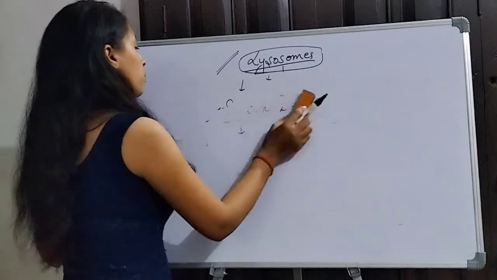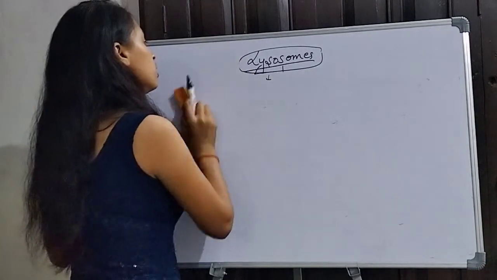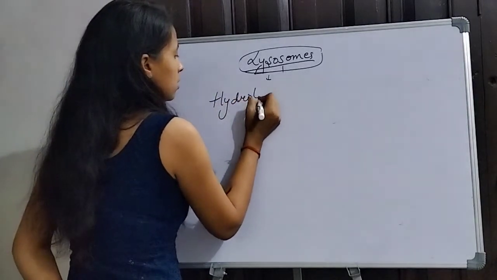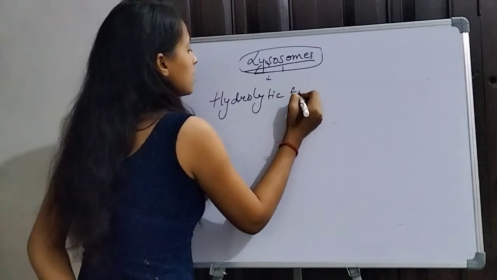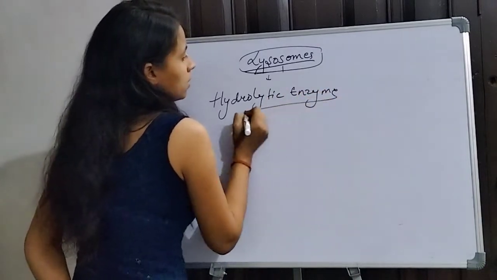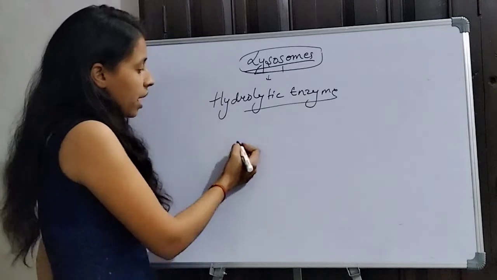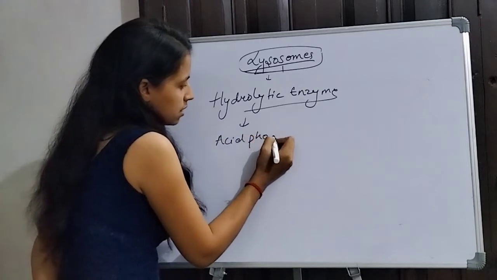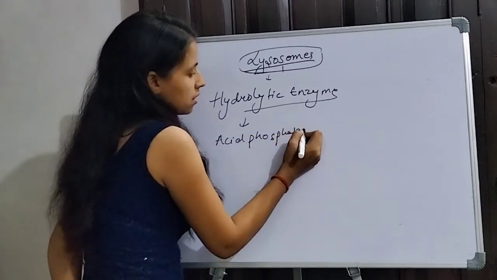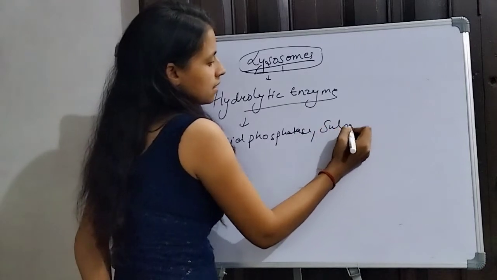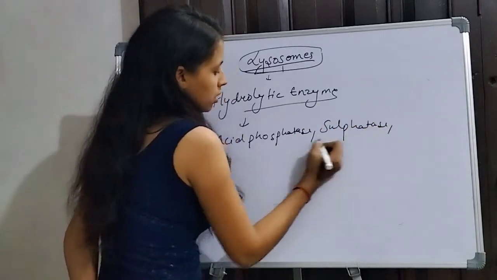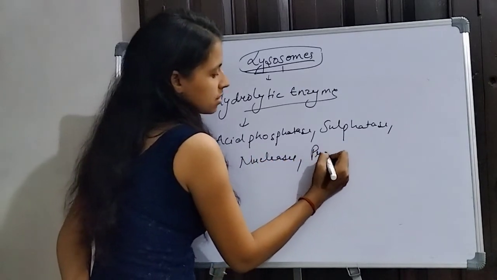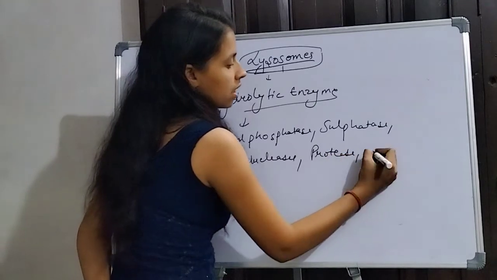And the most important point is that we continuously discuss the hydrolytic enzymes. So what are these hydrolytic enzymes? So guys, these hydrolytic enzymes include acid phosphatase, sulfatase, nucleases, proteases, peptidase.